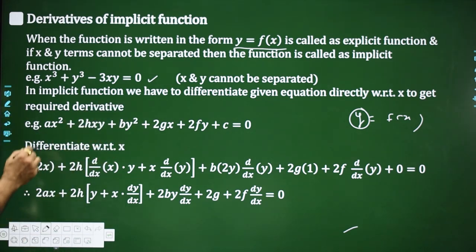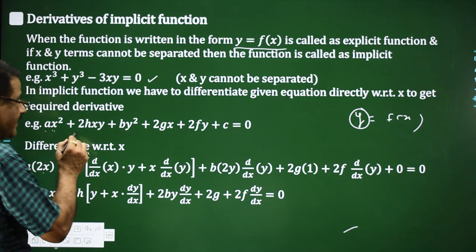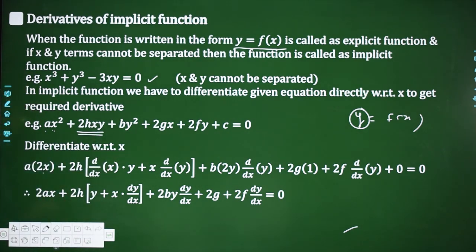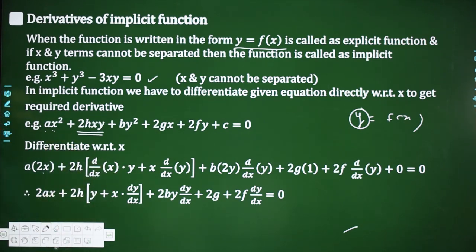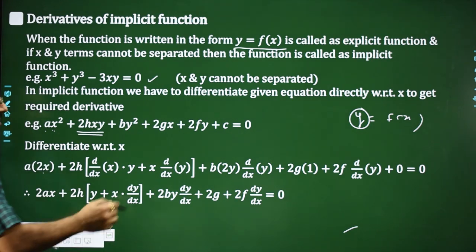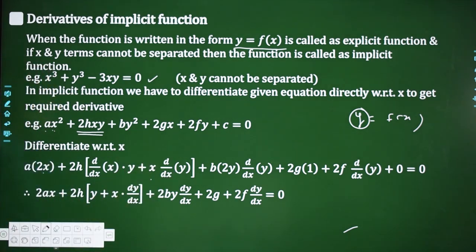So, ax square. When you differentiate with respect to x, derivative of x square is 2x. Now, observe that it is 2hxy, which is a product of x and y. So, we are supposed to apply the product rule: 2h as it is, then d by dx of x into y. As per our rule, derivative of the first term, second term y as it is, plus x into d by dx of y, that is, first term as it is, second term derivative.